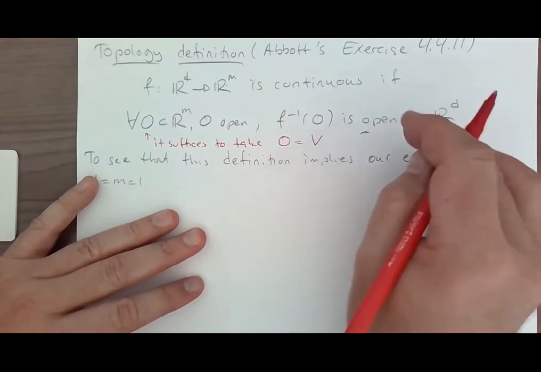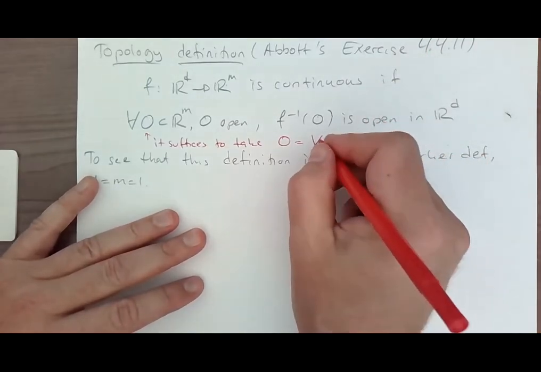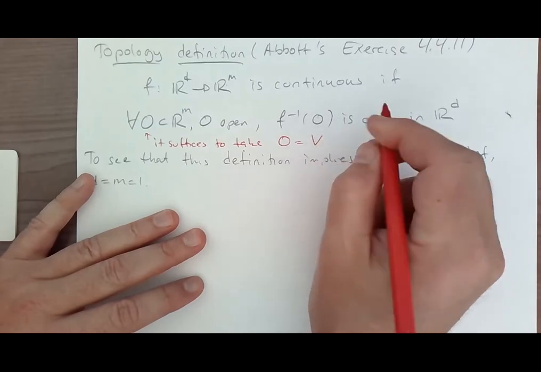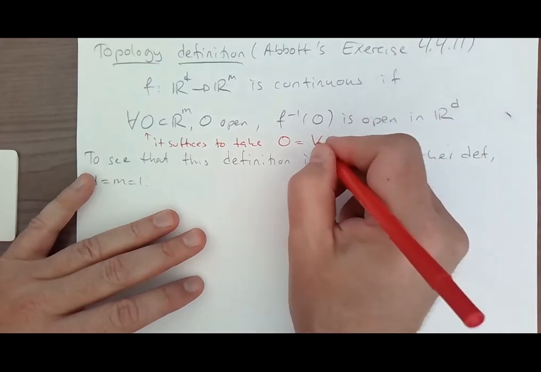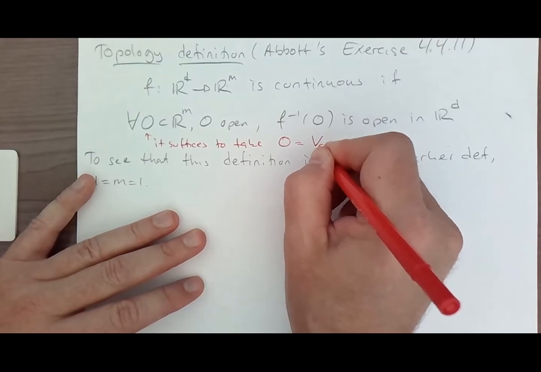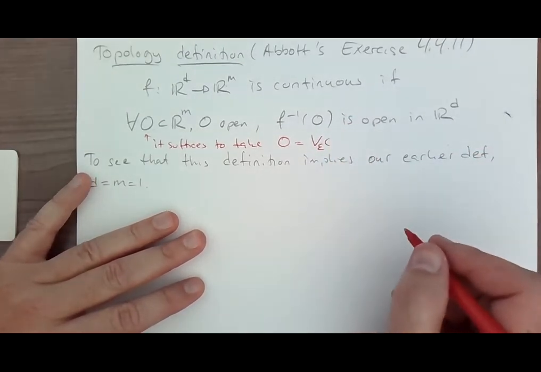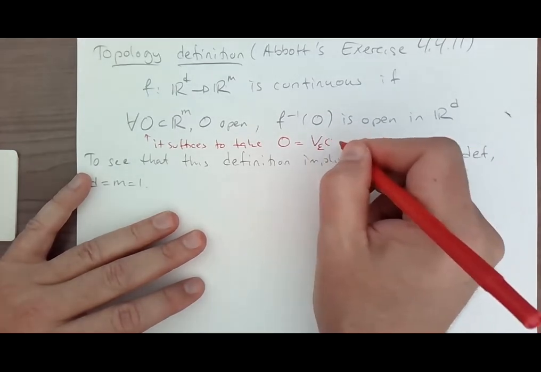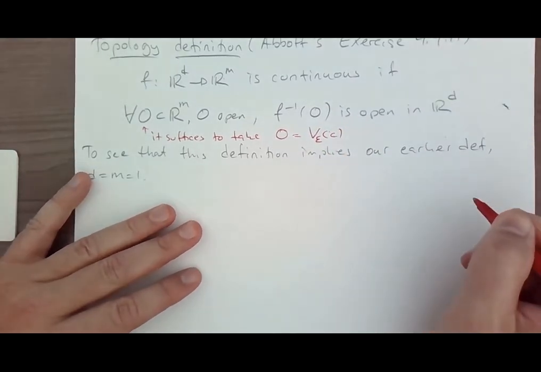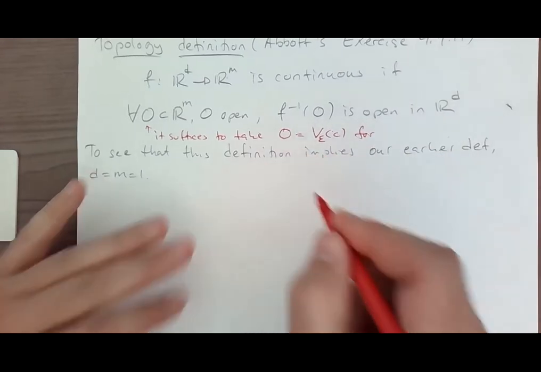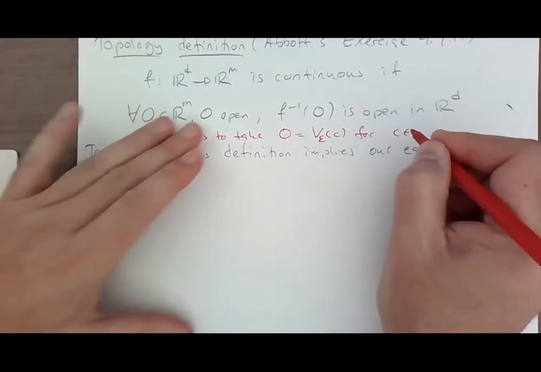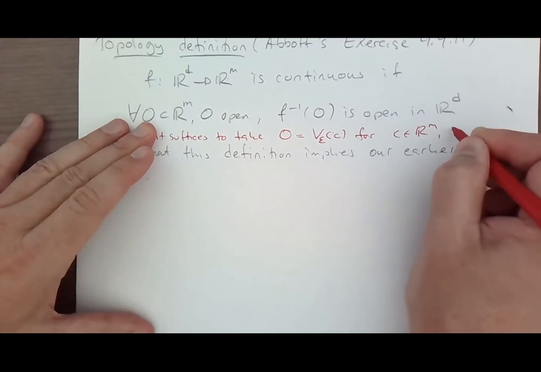So V epsilon, let's call it epsilon. Just open intervals of points C, for C in R^m and epsilon positive.